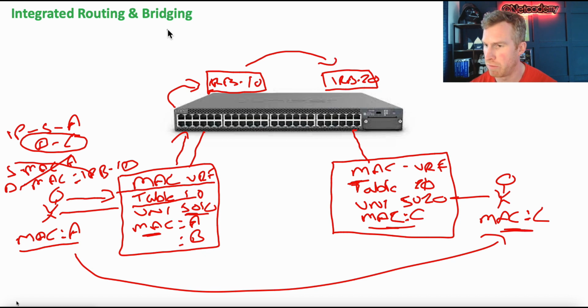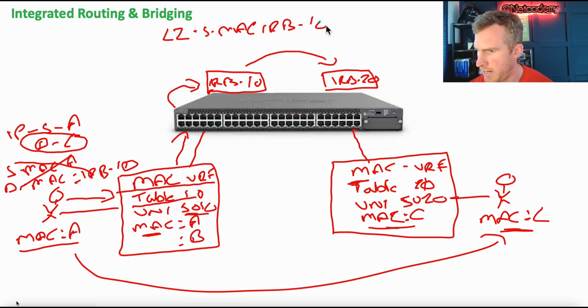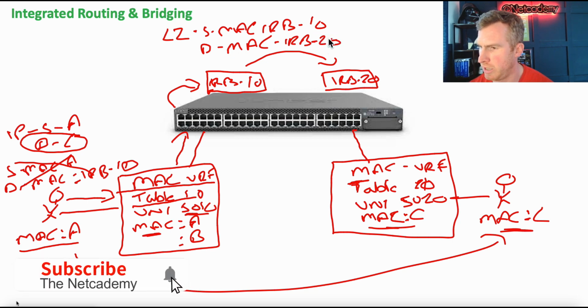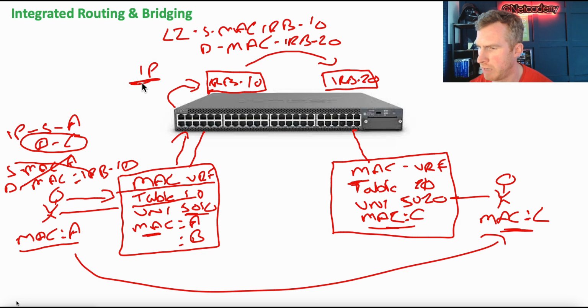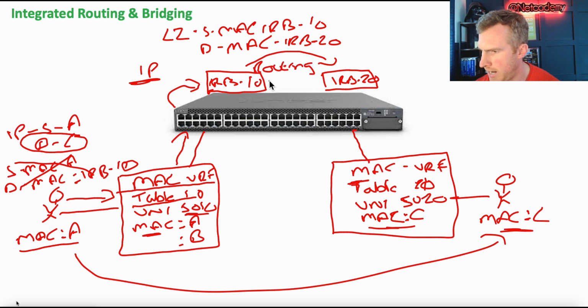So layer 2 will be the IRB interface .10, and the destination MAC address will be IRB.20. And obviously we're then going to have the IP address information here, whatever that is on the IRB interface. But we're essentially doing routing to go from IRB 10 over to IRB 20.